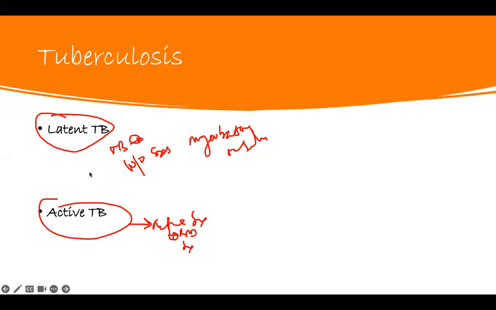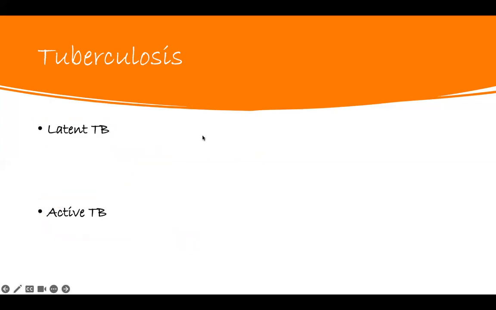When you get older or you become immunocompromised, like you have HIV or you take any medication that lowers your immune system, they can activate this latent TB to become active TB. So that's all what it means. Of the two, you have to know how they present and how they are tested.